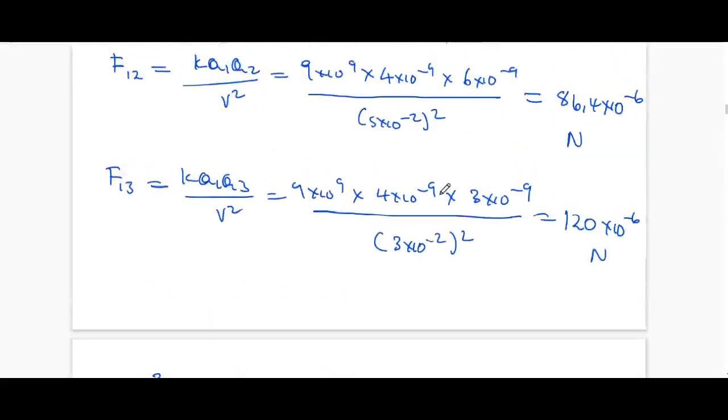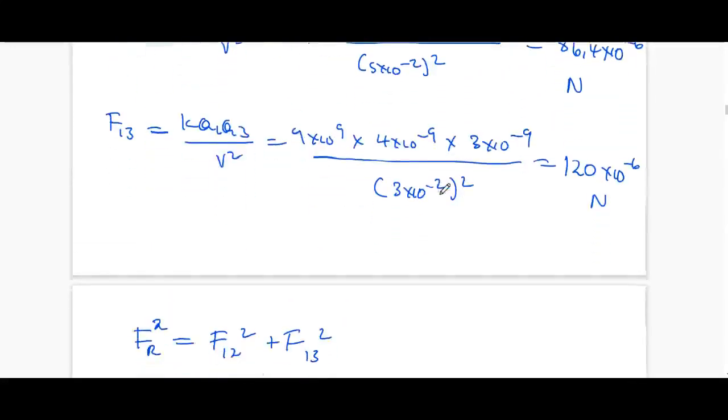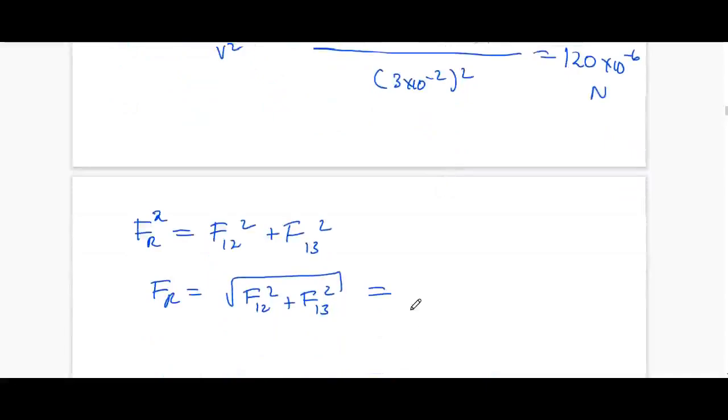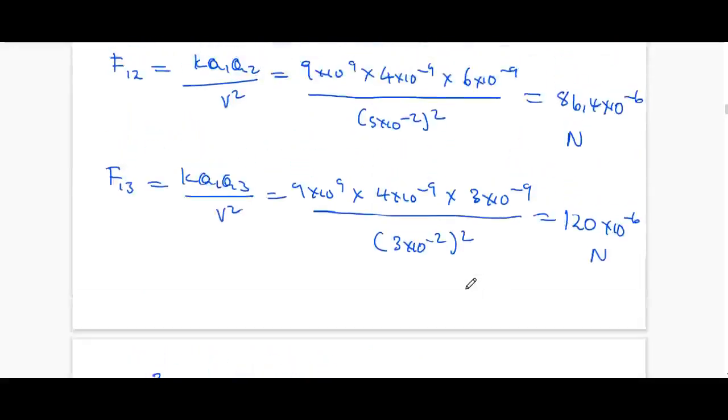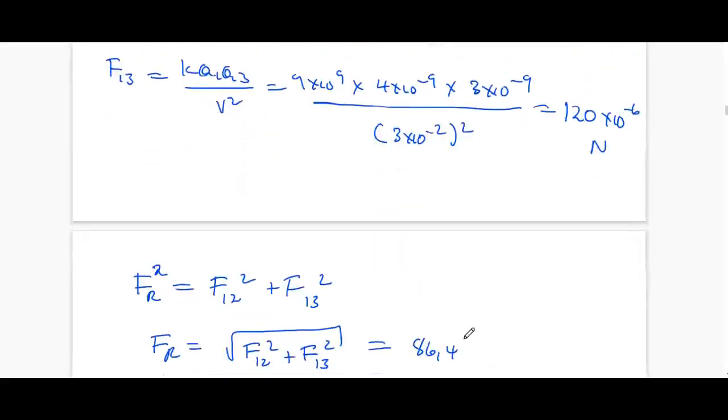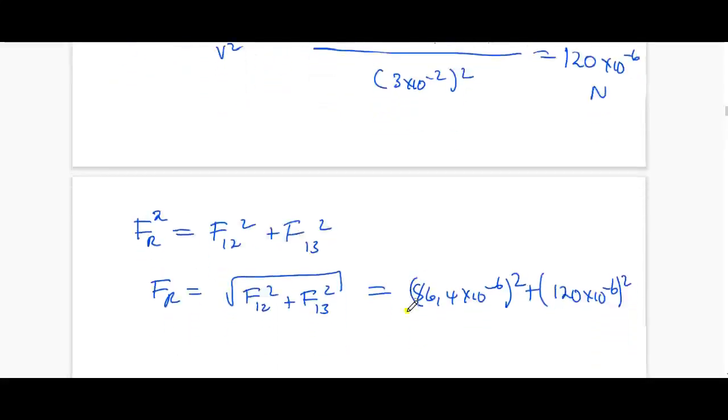F12 is 86.4 times 10 to the power minus 6, all squared, plus 120 times 10 to the power minus 6, all squared. Okay, so the square root of all that, how much are we getting?